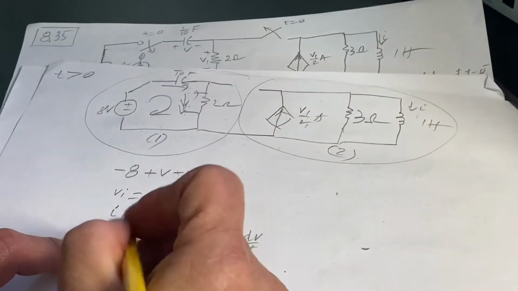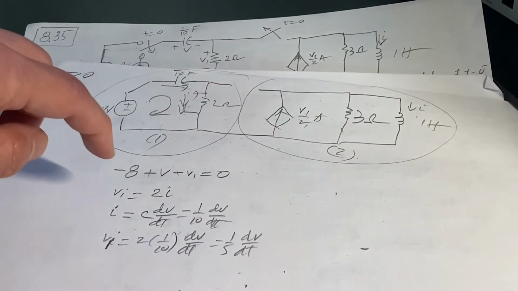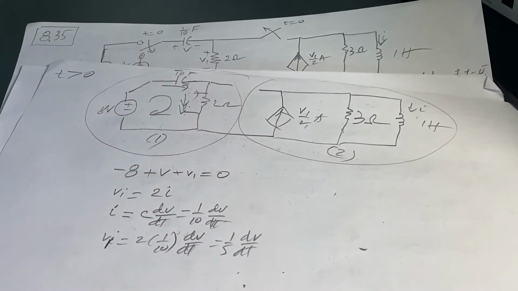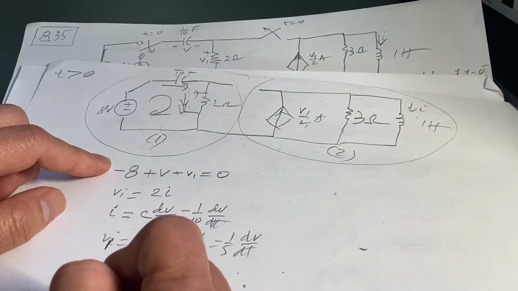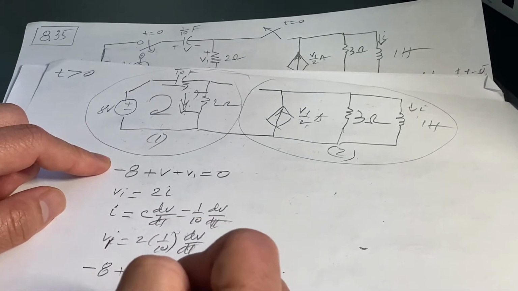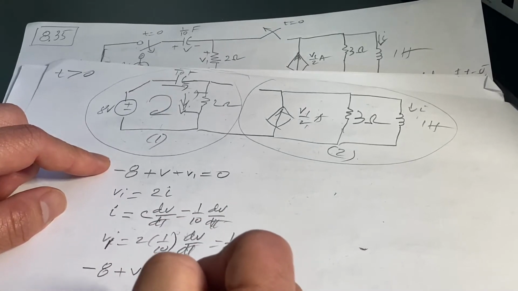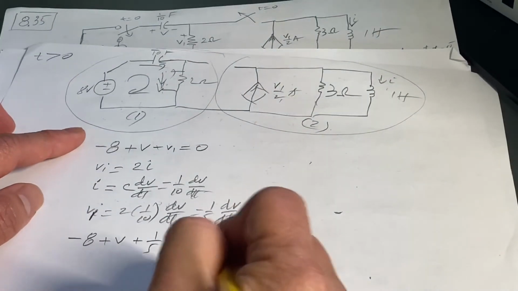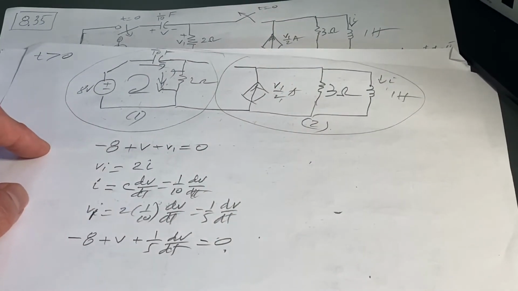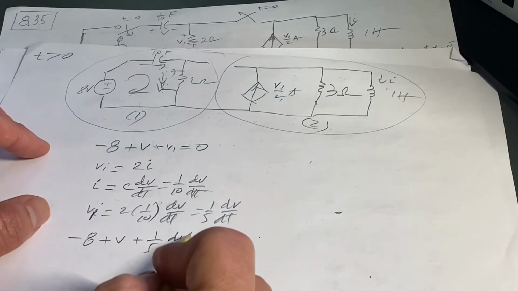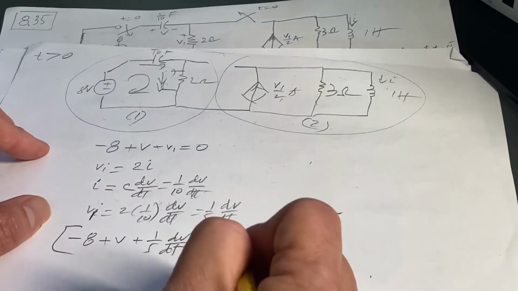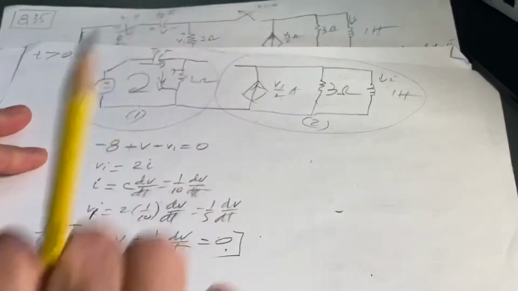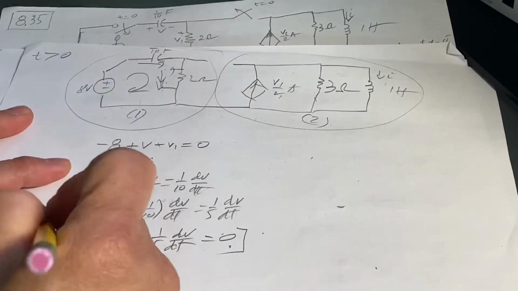This is V1. So replace over here. We got negative 8 plus V plus 1/5 dV/dt equal 0. Okay, so I times both sides by 5.